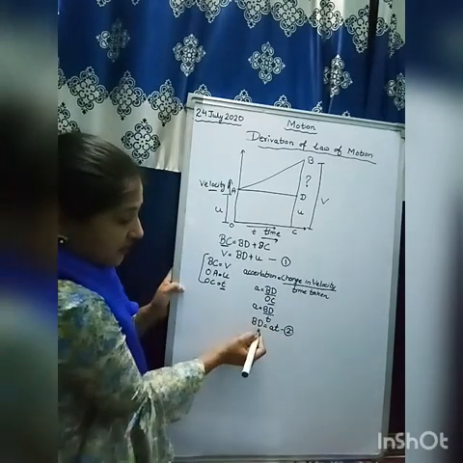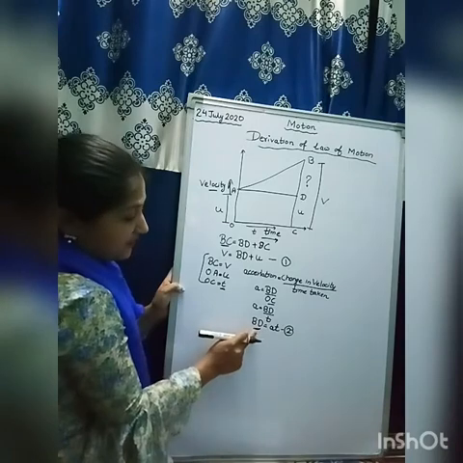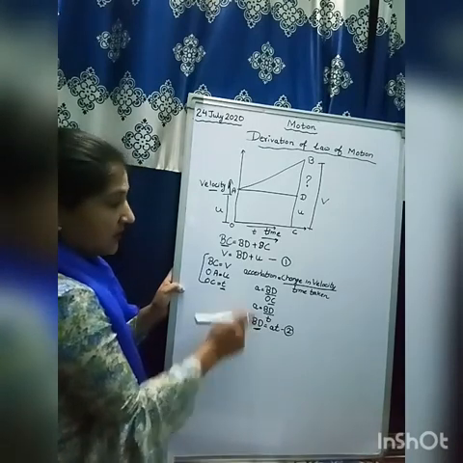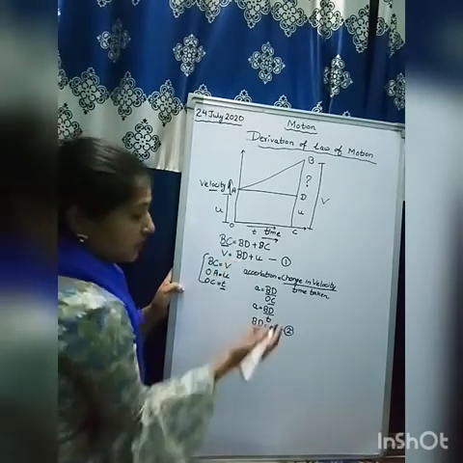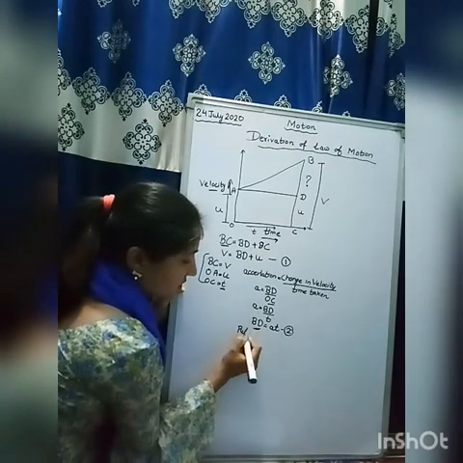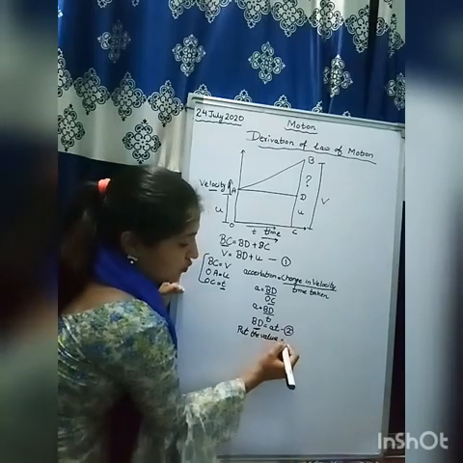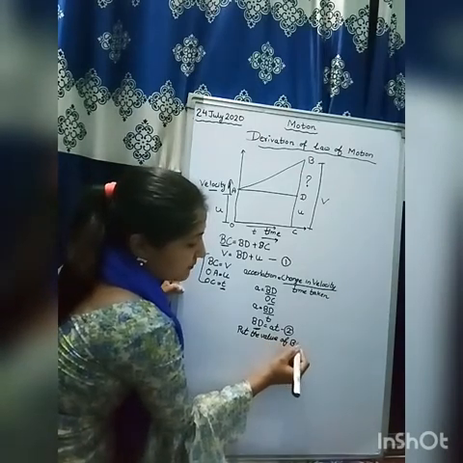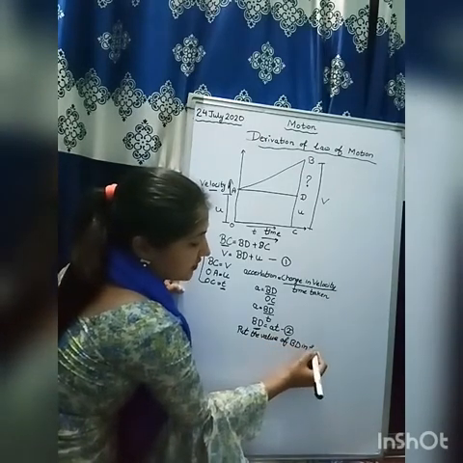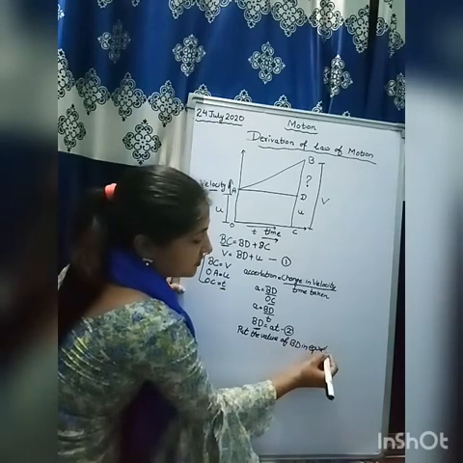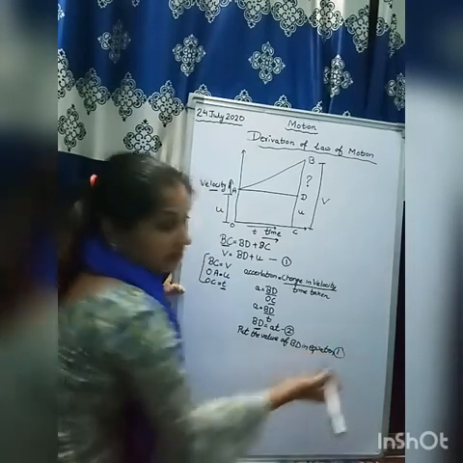Now we have the value of BD. We can put the value of BD from here in equation number 1.